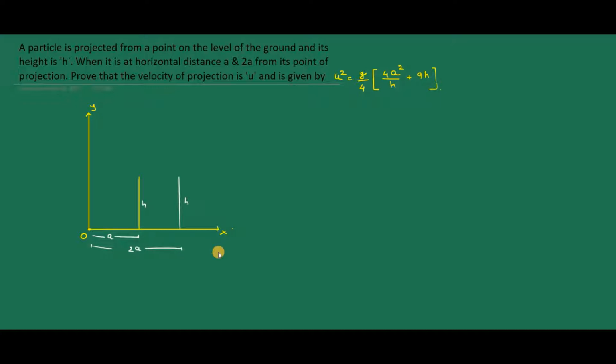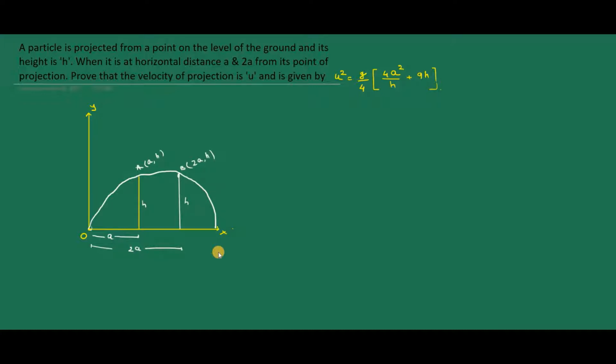This is a particle which is projected. Let us say this point is A. Now its coordinates are a comma h, and this is a point B whose coordinates are 2a comma h.